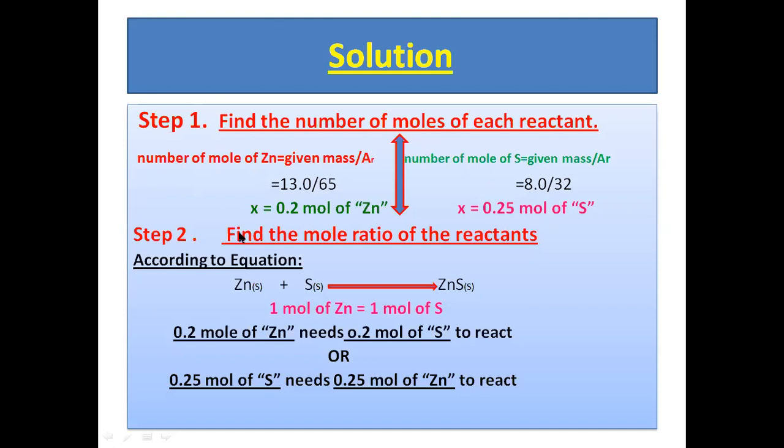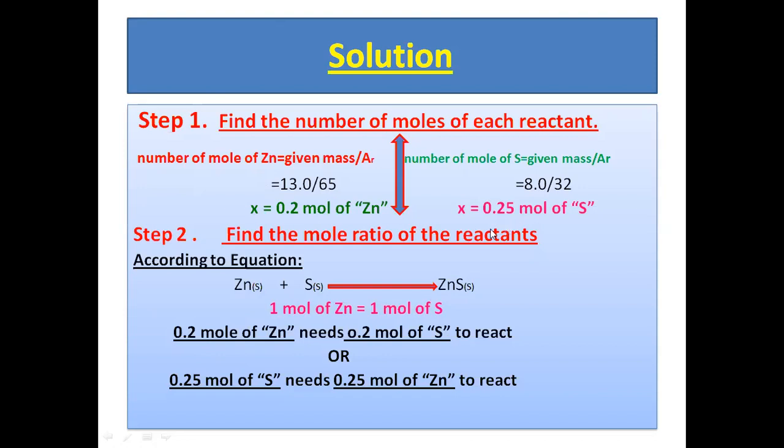Now, second step, you will find the mole ratio of the reactants. How can you find the mole ratio? According to the given equation, 1 mole of zinc needs 1 mole of sulfur to form 1 mole of zinc sulfide. It means equal amounts of zinc and sulfur completely react to form zinc sulfide. But in this example, you have 0.2 mole of zinc which should react with 0.2 mole of sulfur, but you have 0.25 mole of sulfur, right?